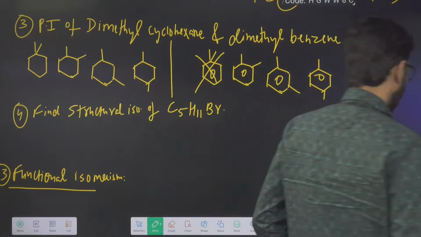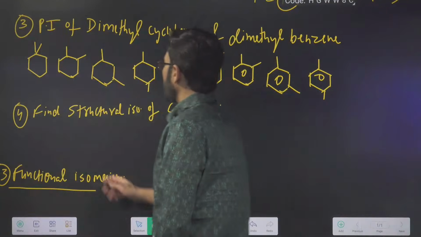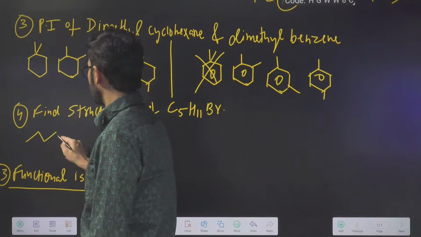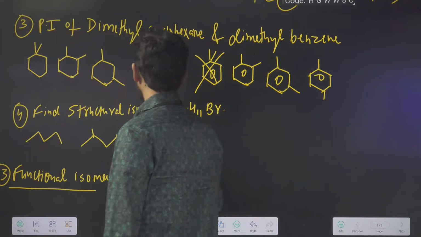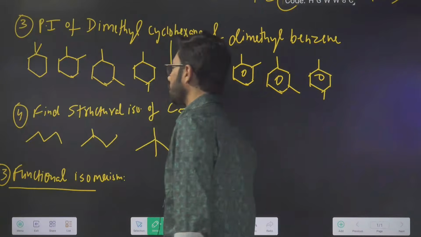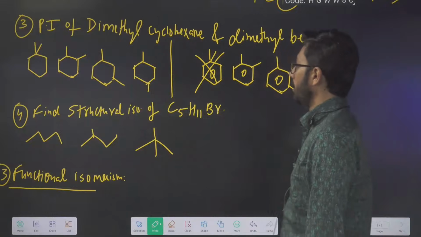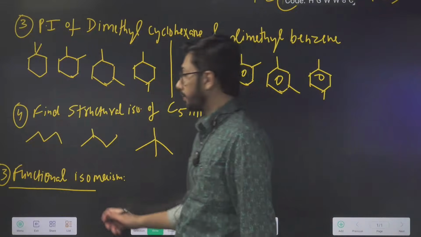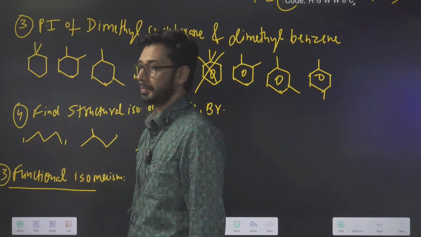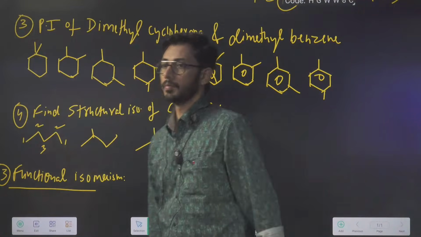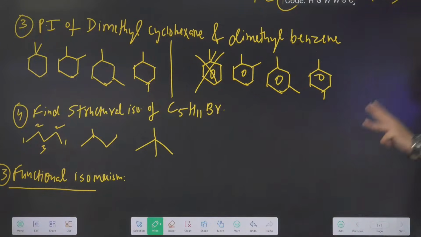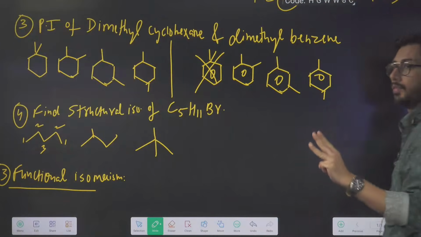Write down all the possibilities. Firstly, with parent chain of 5. Then parent chain of 4 with branching. Then parent chain of 3 with 2 branching. Br can be at which position? Can be at first carbon here or there. Second carbon here or third carbon there. 3 possibilities with parent chain of 5.